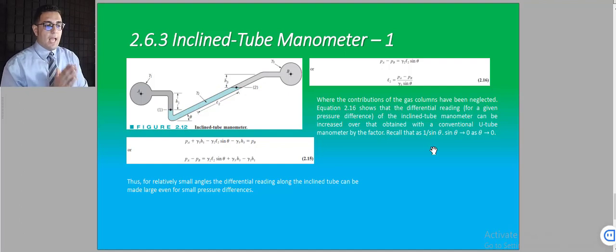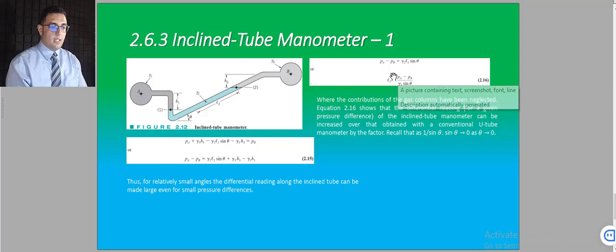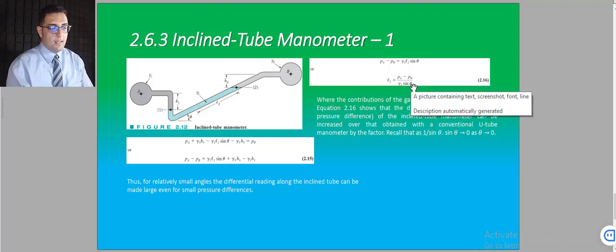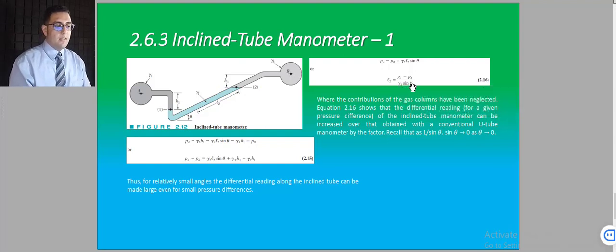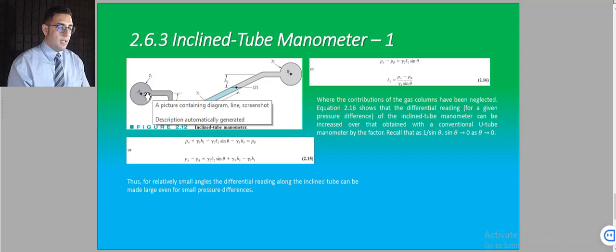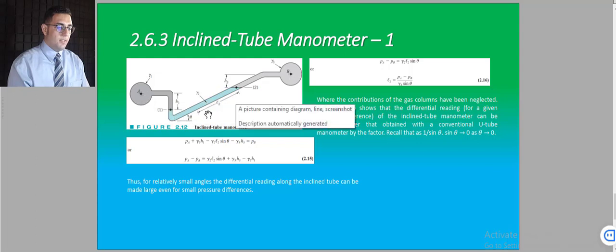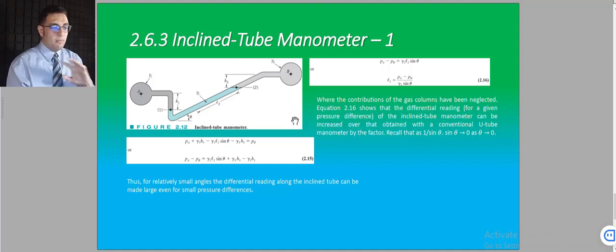Guys, there is a limitation of this equation: with theta going to 0, this section is going to be 0, which means we have infinite length. This means that if we have an inclination of 0, we have infinite length, which is not suggested.